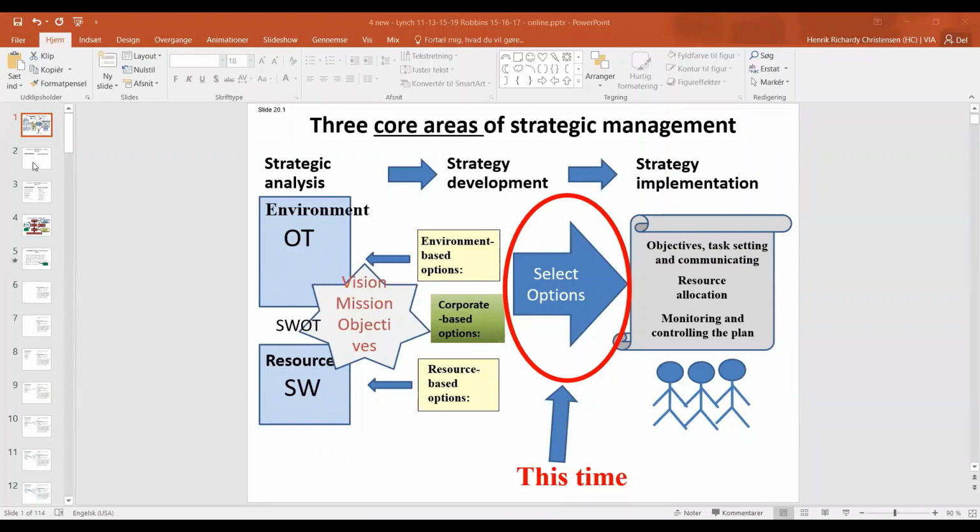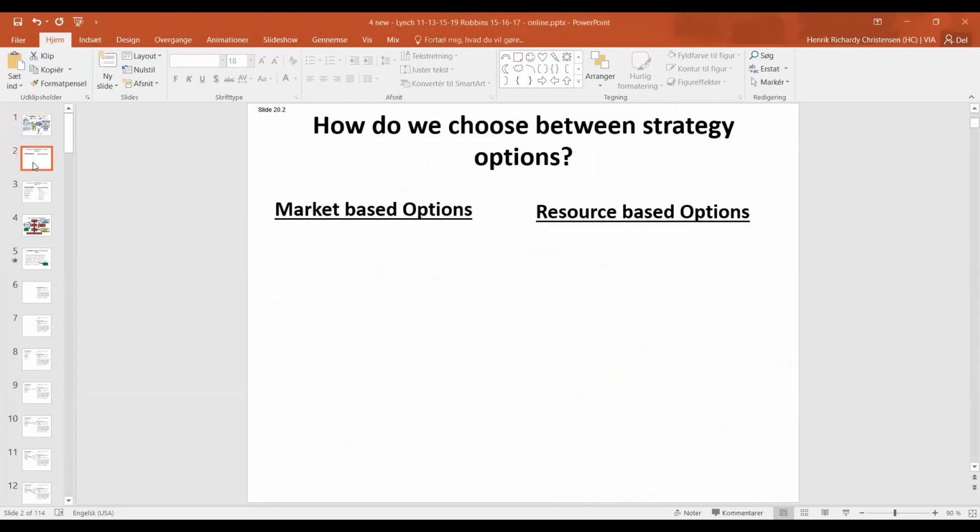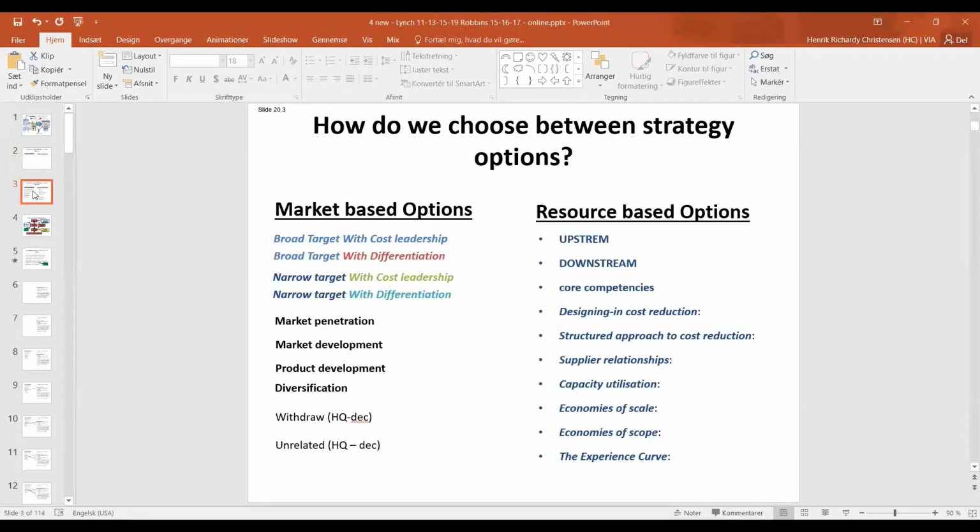Now, when we are looking at the options, we remember that we had market-based and resource-based options. And just to recap that, I've listed the options here. As you can recognize, we have a broad target with cost leadership, that's one option. We have a broad target with differentiation, that's another one.